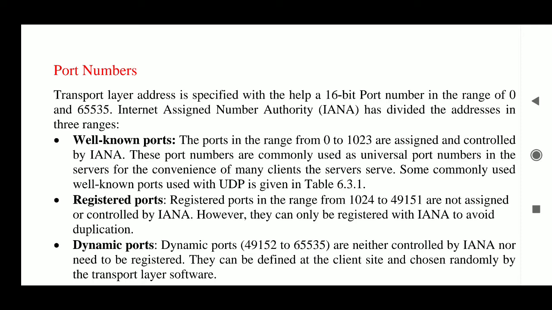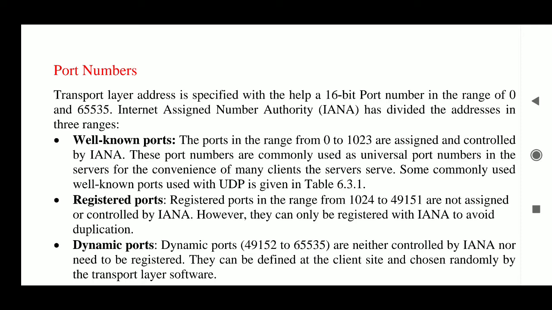So well-known ports, the range is 0 to 2 raised to 16 minus 1, that is 65535. So well-known ports are the ports in the range from 0 to 1023, that is 0 to 2 raised to 10 minus 1.